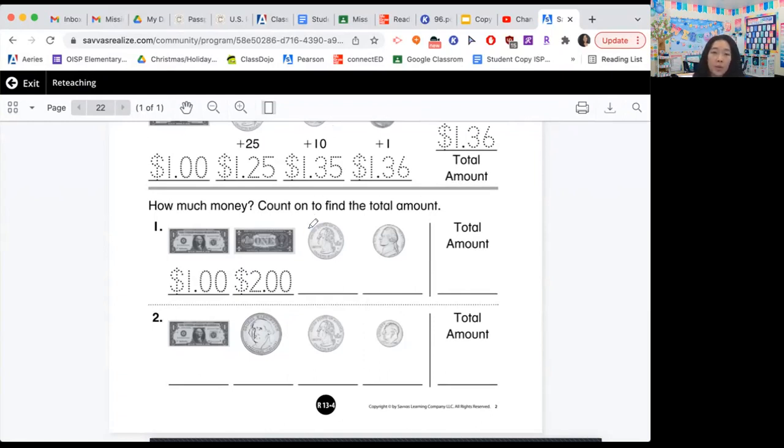So it would be 1, 2, 3, 4, 5, and then 1 for a nickel. This is worth $1. 1, 5, 10, 15, 20, 25, and then a dime is worth 10. So let's go ahead and count this out. So we have $1, $2, 5, 10, 15, 20, 25. This would be worth $2.25.